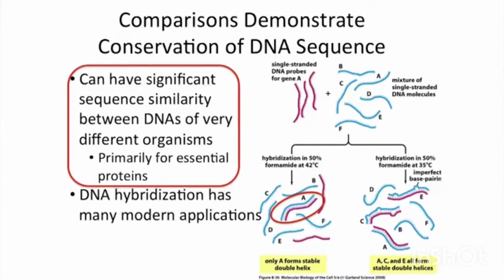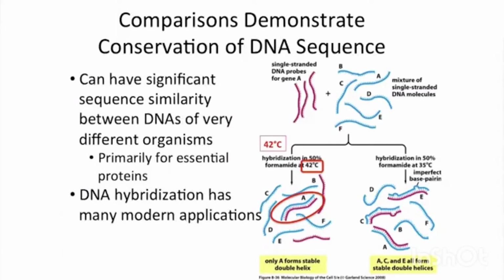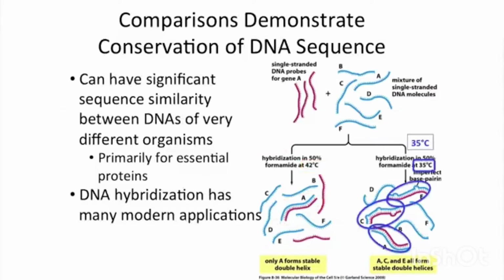We can take single-stranded DNA for a particular gene, and we can probe a mixture of single-stranded DNA molecules isolated from an organism. If we do this at high temperature, we select for stringent base pairing. That is, the higher the temperature, the more base pairs would need to form for stability. But at lower temperatures, you can form double-stranded DNA with mispaired bases, or they don't form base pairs at every position along the sequence.